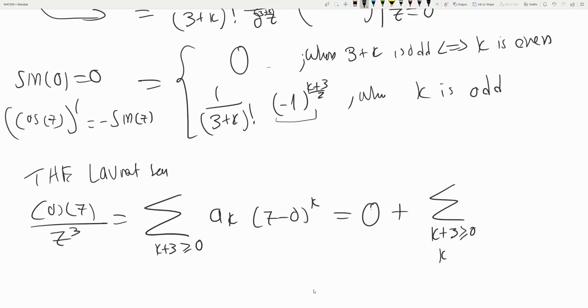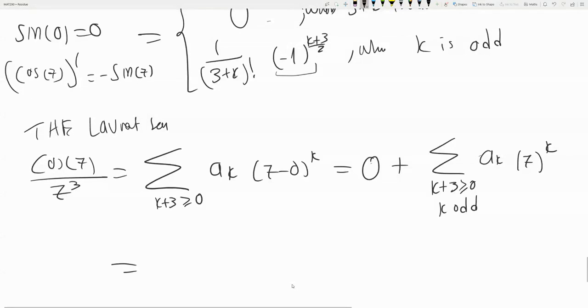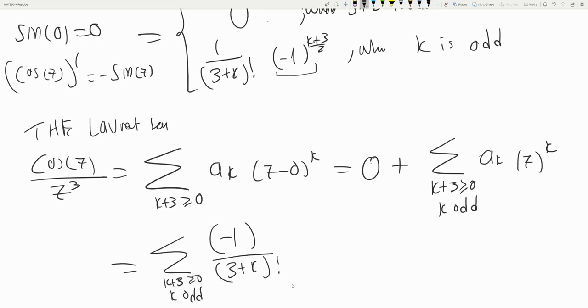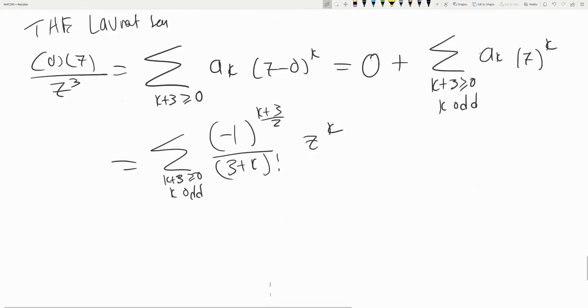So you're left with k being odd. Okay, and we found the coefficient. So that was 3 plus k factorial, minus 1 to the (k plus 3) over 2, and then z to the k. Okay, but we can write this a little bit more cleanly.